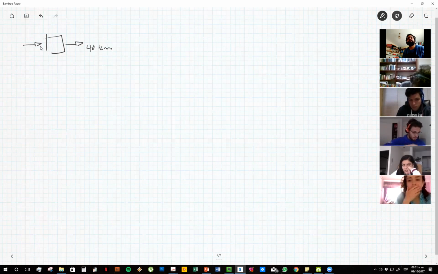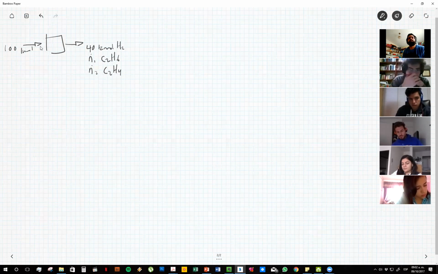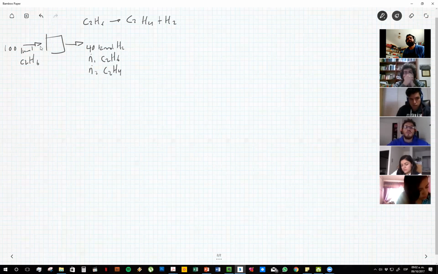So 40 kilomoles of hydrogen, and 1 for the C2H6, and 2 for the C2H4. Here we have 100 kilomoles of C2H6. And the reaction is just a decomposition. Okay, there we have it, right?